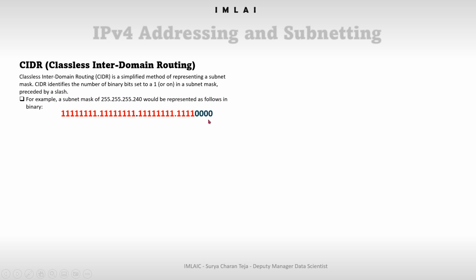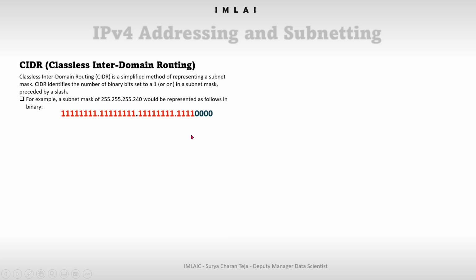Now, as per the definition of CIDR, it just identifies the number of binary bits set to 1 in a subnet mask, preceded by a slash. That's it, preceded by a slash. So here 8 ones plus 8 ones, 16 ones, plus 8, 24 ones, plus 4. Total 28 ones in this subnet mask.